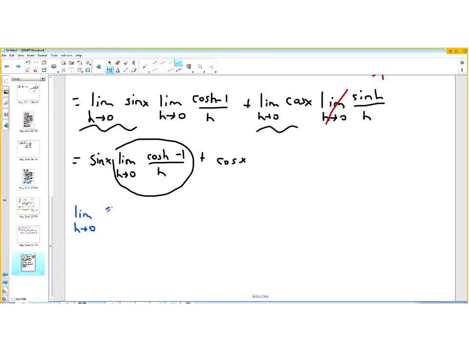So the limit as h approaches 0 of cosine h minus 1 over h. What I'm going to do is rationalize the numerator. I'm going to multiply upstairs and downstairs by the conjugate of the numerator.